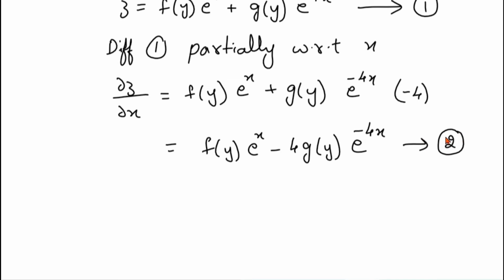So go back to the initial conditions. The initial conditions that are given: the value of z is equal to 1 when the value of x is equal to 0.